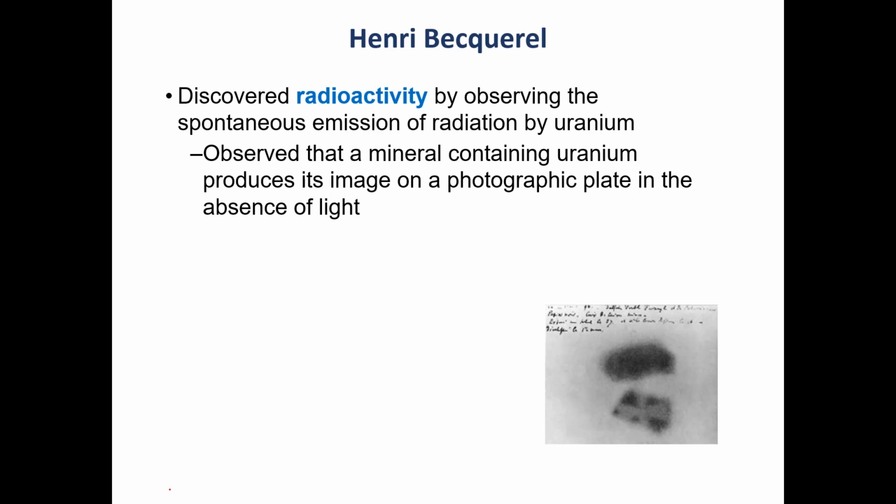But then eventually he was doing his experiments and there were a few cloudy days, so he just stuck his plates and his uranium minerals in a drawer and just kind of forgot about them until the cloudy days had passed. And because there wasn't any light, he was thinking that there wouldn't be any images.